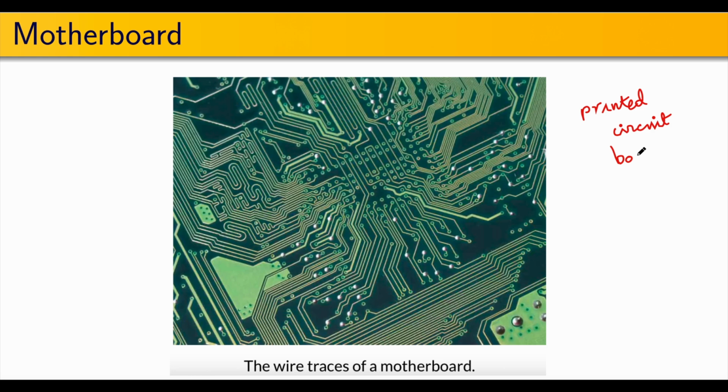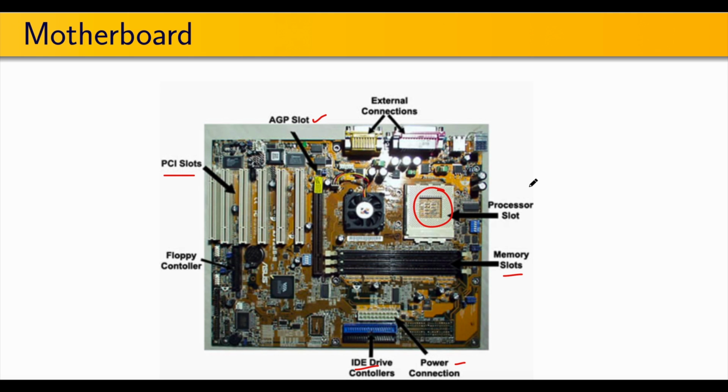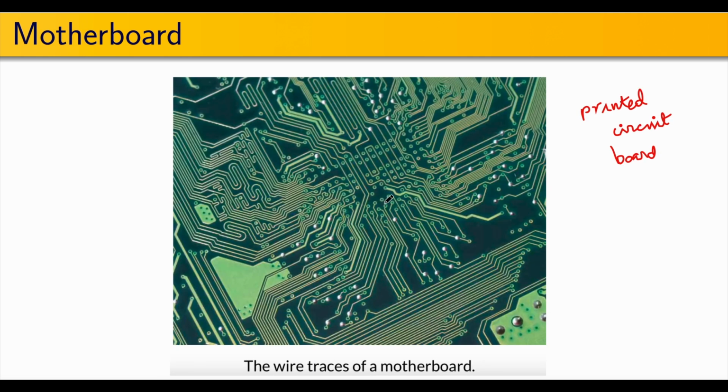And this is what it looks like. What we saw in the previous diagram is what it looks like, and the lines you see are the connections. You can see the wire traces of the motherboard. This is complicated stuff.